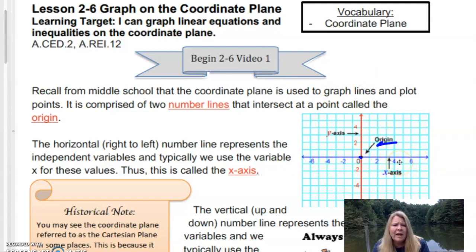And we give them those names because typically the independent variable in an equation that we write, we use the variable x. So we call that one the x-axis because we plot our x values, or our independent variable, on that x-axis.